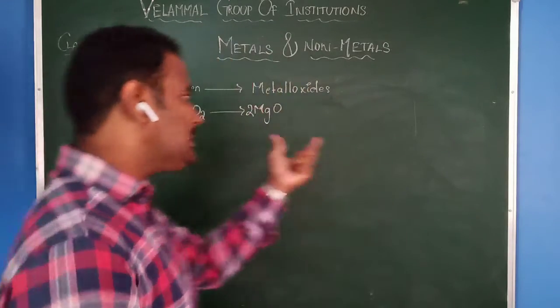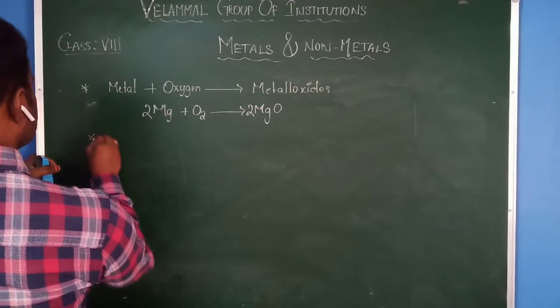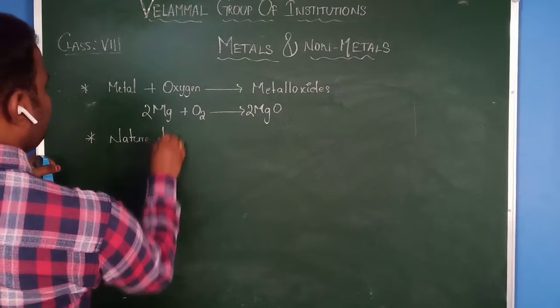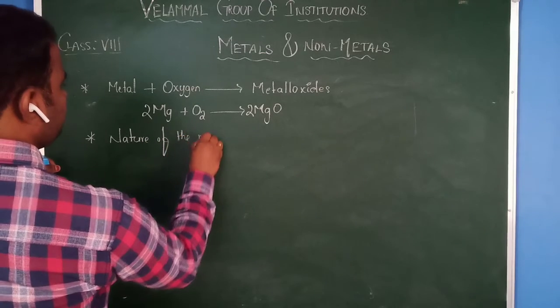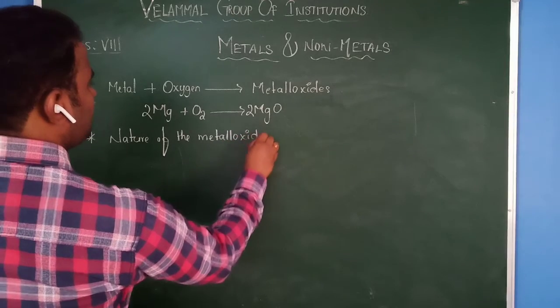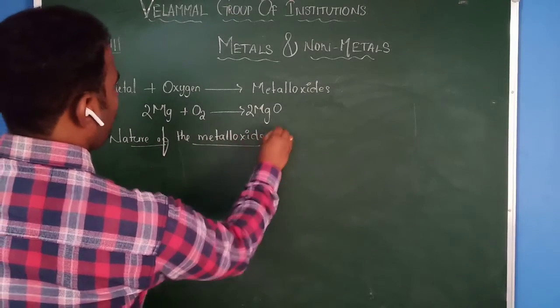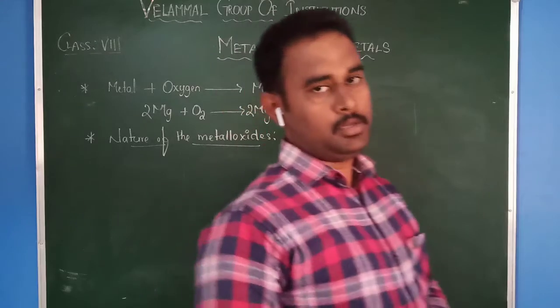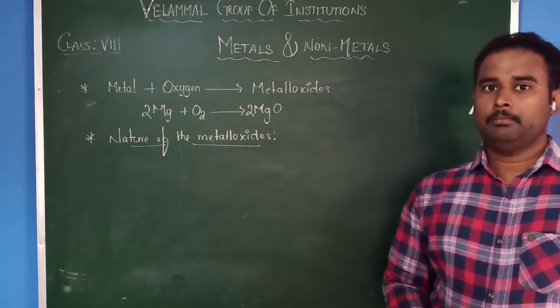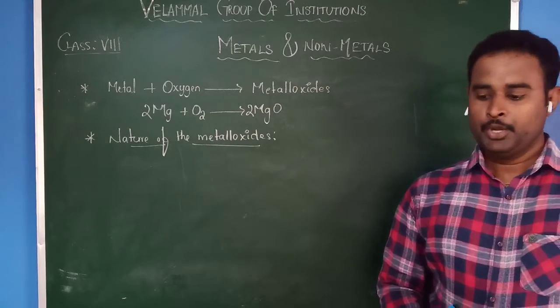Now, what is the nature of the metal oxides? Means whether it comes under acid or base or salt. That we are going to identify by using one test.